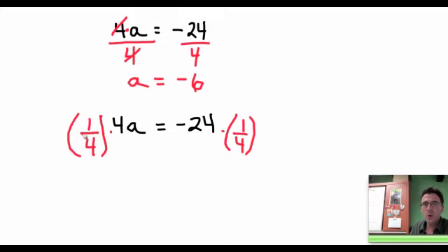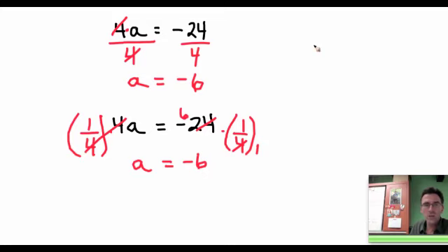So same idea, 1/4 times 4, well those 4's cancel each other out, leaving us with just a, and negative 24 times 1/4, remember we can simplify, so that's a 1, and that becomes a 6, so we get negative 6. So the same answer, just a different way of doing it.